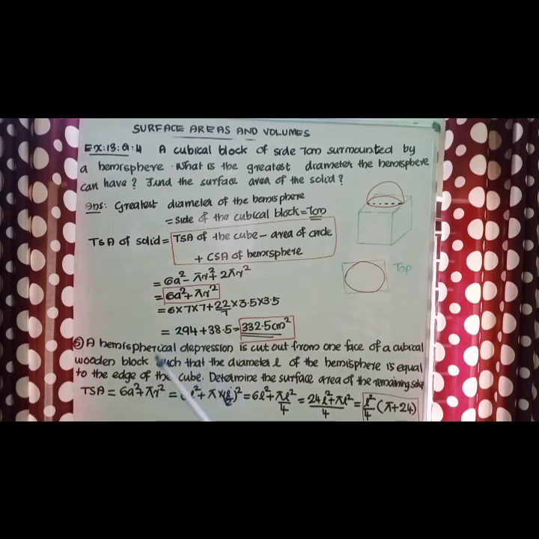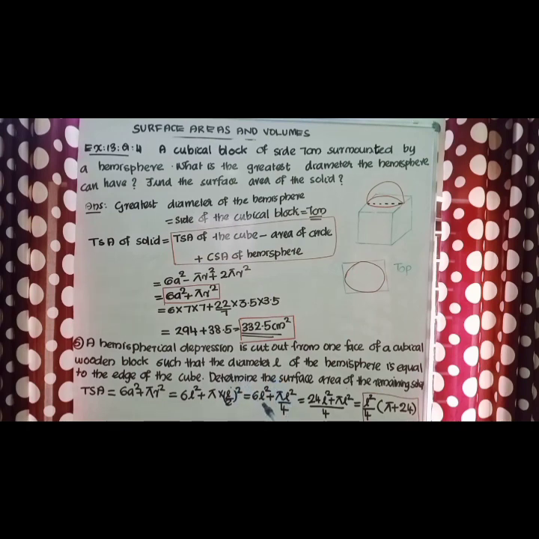The formula is 6a square plus pi r square. Here the diameter is L. We know the diameter and side of the cubical block are both the same. So the side also will be L. So we can write that as 6L square plus pi into L by 2 whole square.